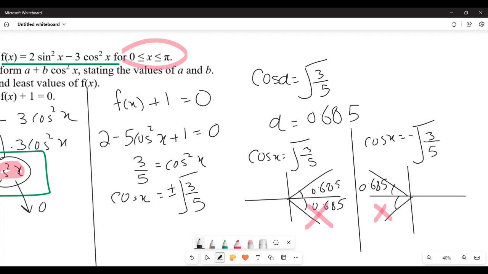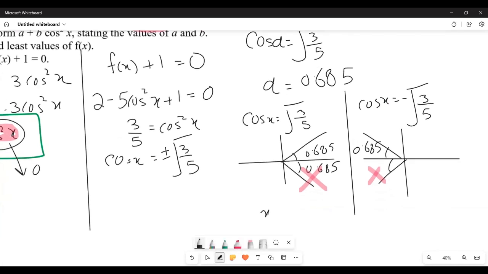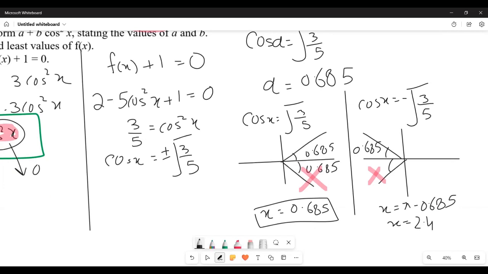So one of the answers for x is 0.685 and the other answer for x would be pi minus 0.685, which is 2.46. Yeah, these are the two answers.